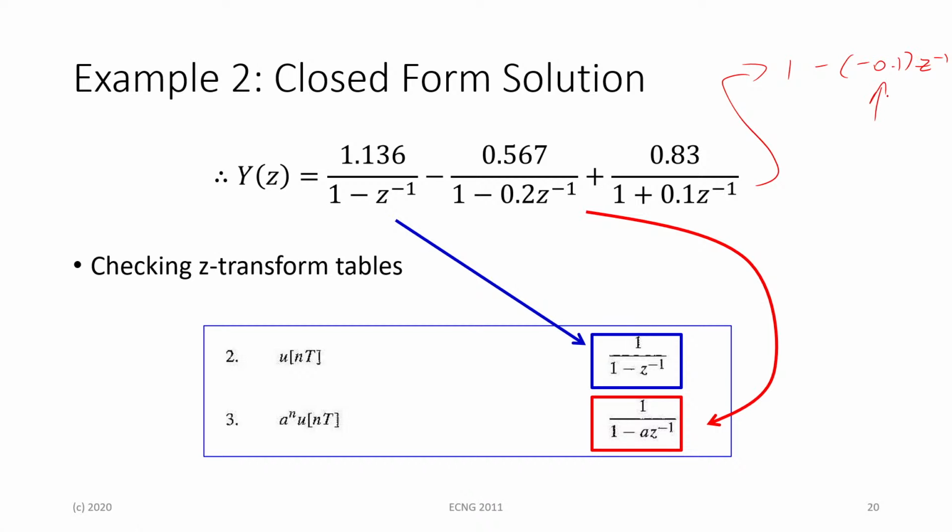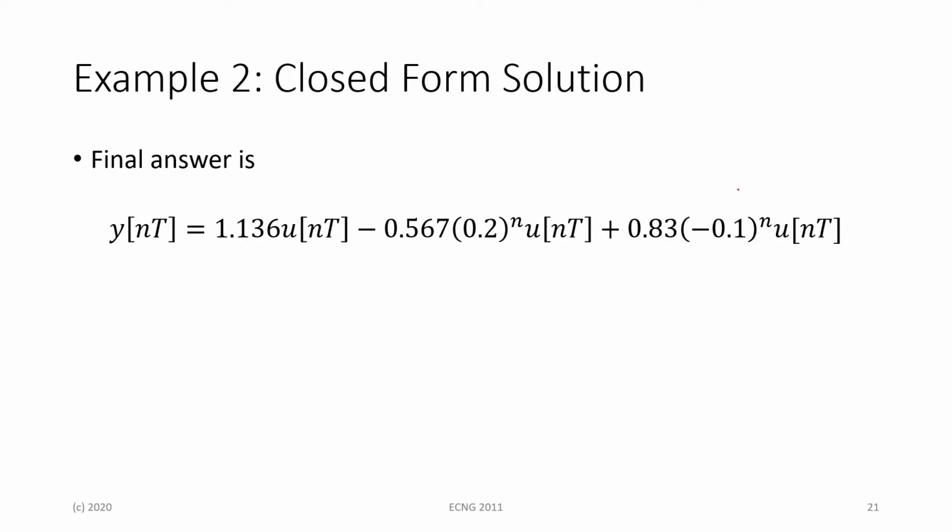And this negative 0.1 represents our a in the table transform. So that's why when you do the inverse Z transform, we have that negative 0.1 here for the transform.